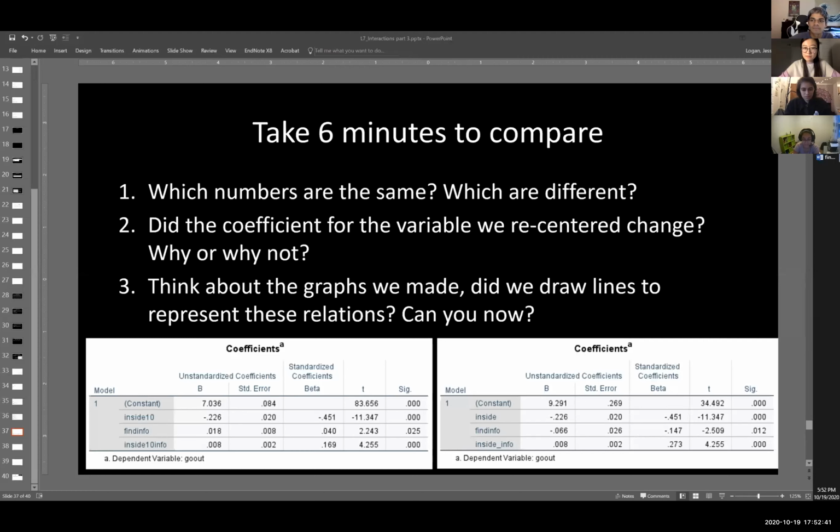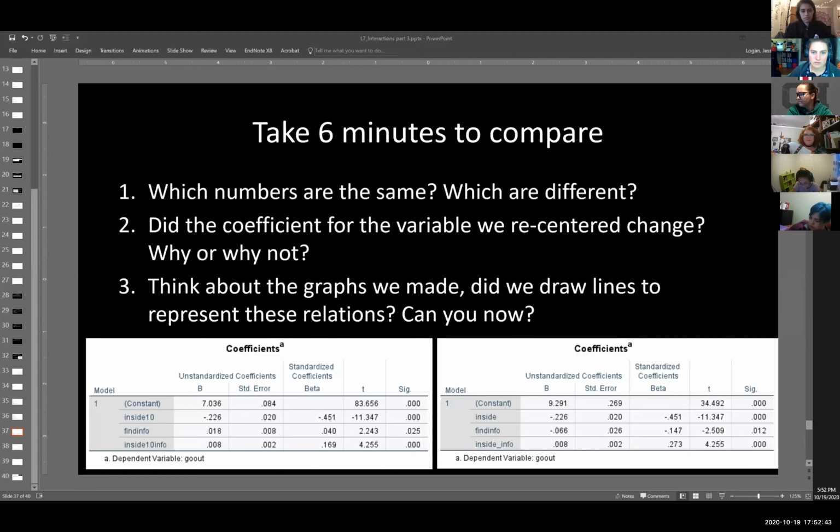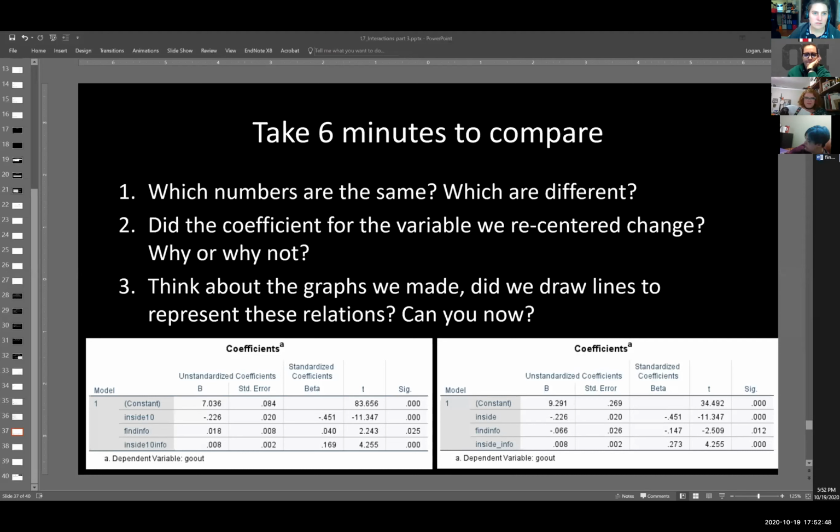So, as you have looked at these, I assumed that you could all determine which ones were the same and which ones were different. What about number 2? Did the coefficient for the variable we recentered change? Can somebody from group 4 tell me whether they changed?